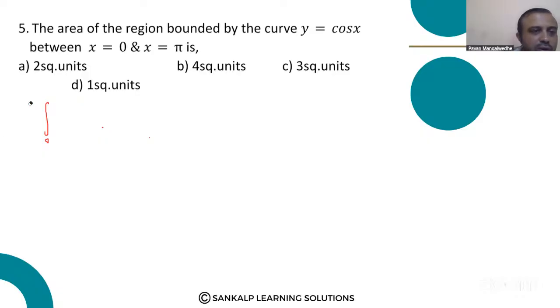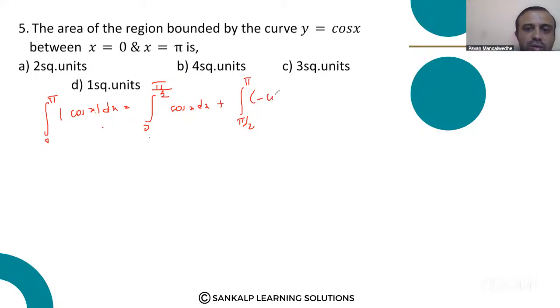0 to pi can be written as the integral from 0 to pi of mod of cos x dx, which can be written as the integral from 0 to pi by 2 of cos x dx plus the integral from pi by 2 to pi of minus cos x dx.